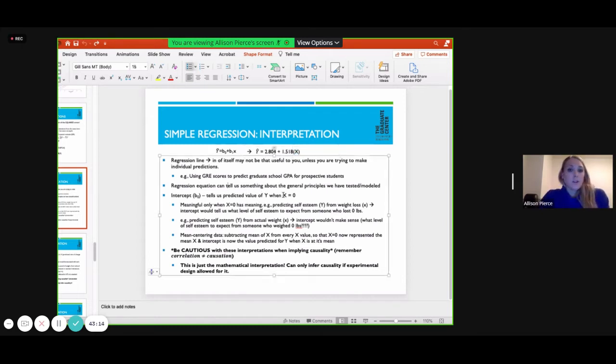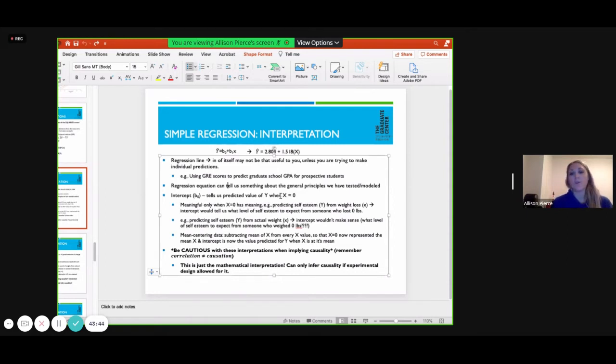But the regression equation can also tell us things about the general principles that we have tested and modeled. So the intercept is going to tell us the predicted value of y when x is 0. So if there were no x, or if x has no value, then what is the predicted value of y? And this intercept is only meaningful depending on your data and your research design.